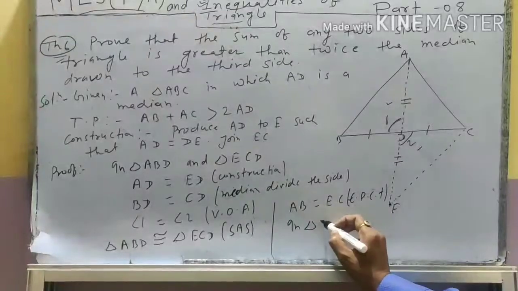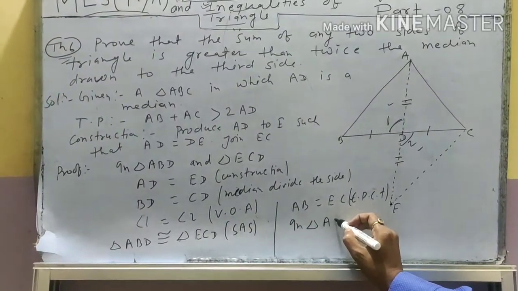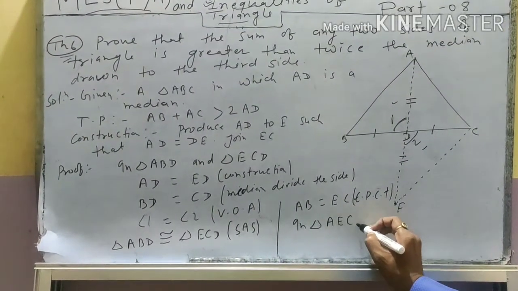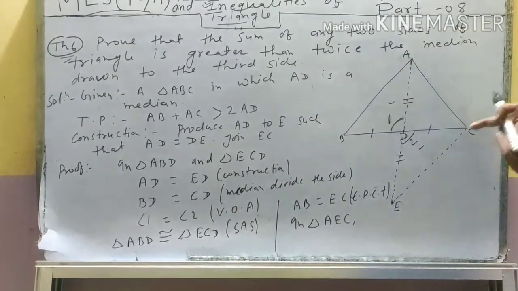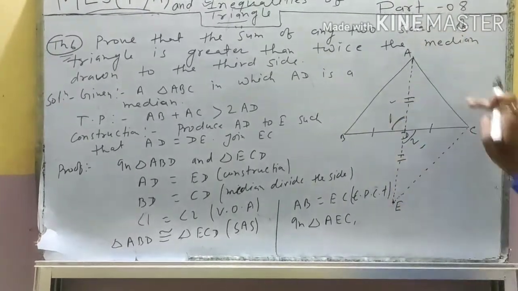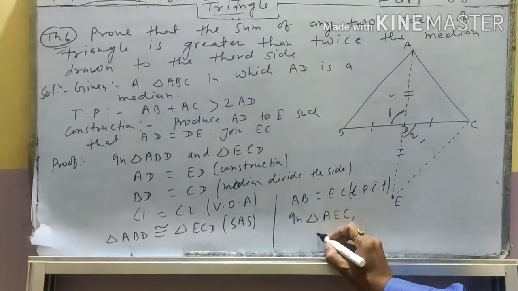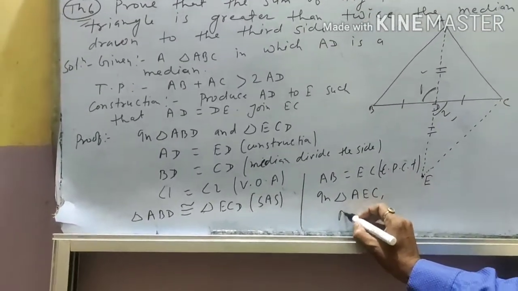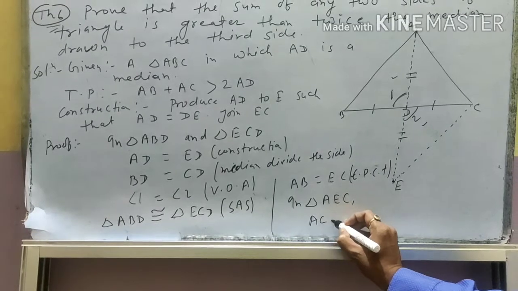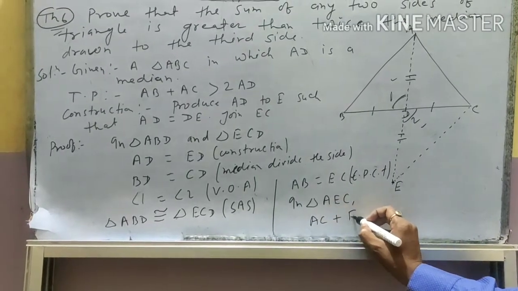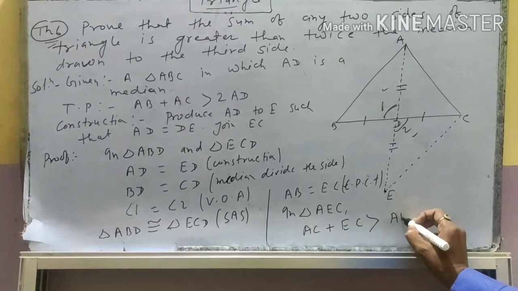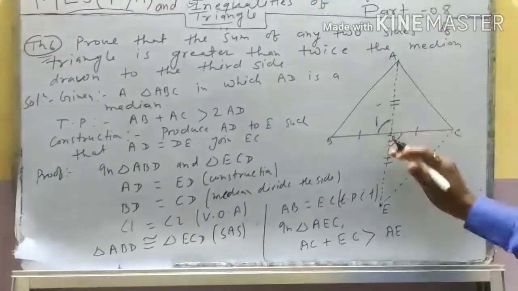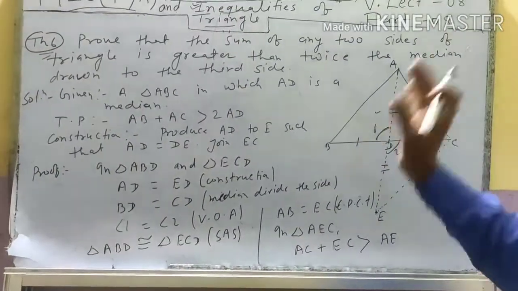In triangle AEC, from theorem number 4, the sum of two sides, that means AC plus EC, is greater than AE. We know that the sum of any two sides is always greater than the third side.